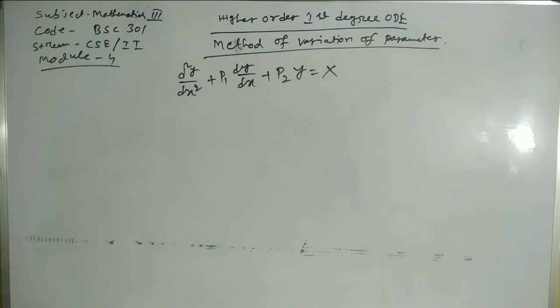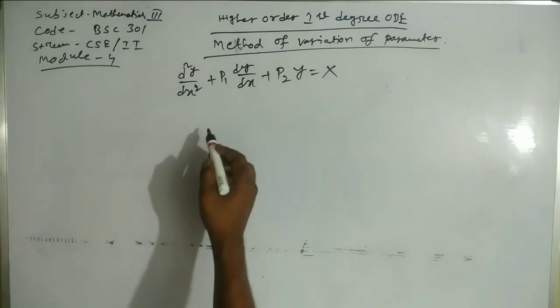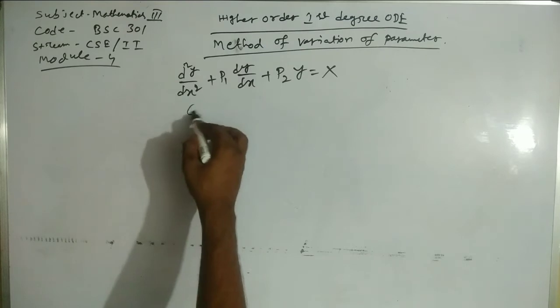or a constant. Now, to solve this type of equation, we know that we have to find the general solution, which has two parts. One is the complementary function and the other is the particular integral, and the sum of these two is the general solution.